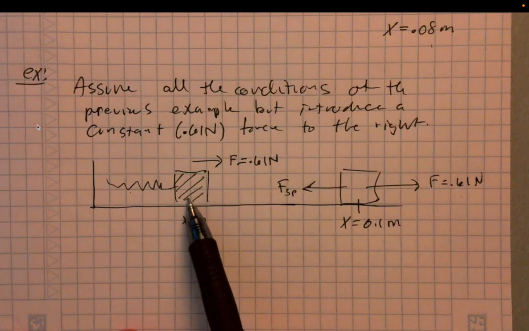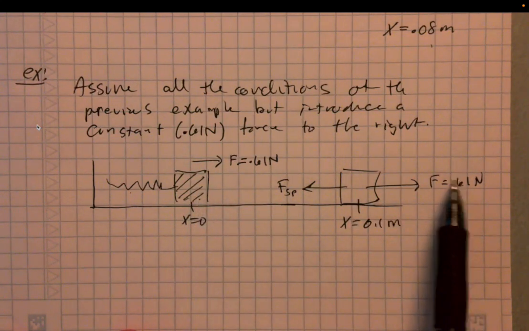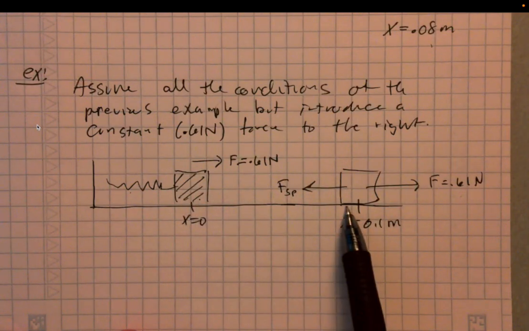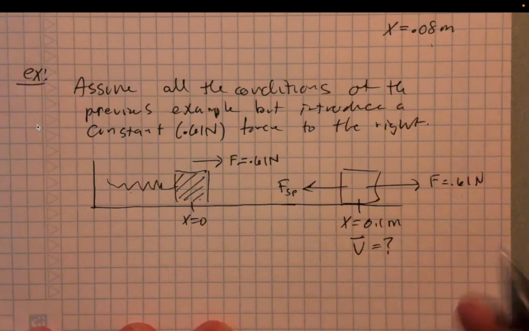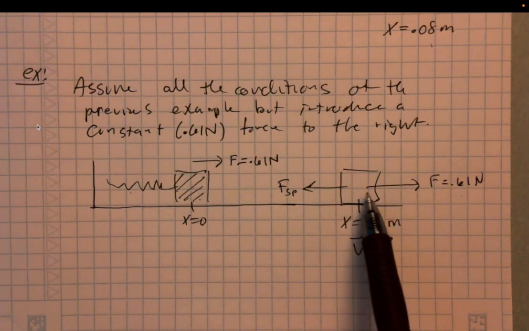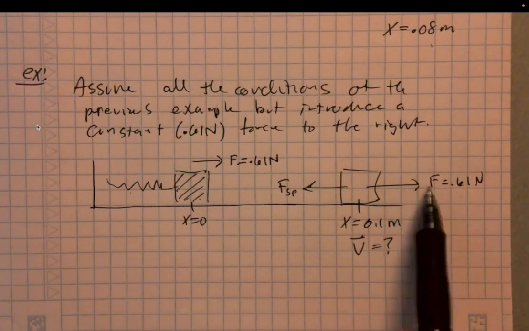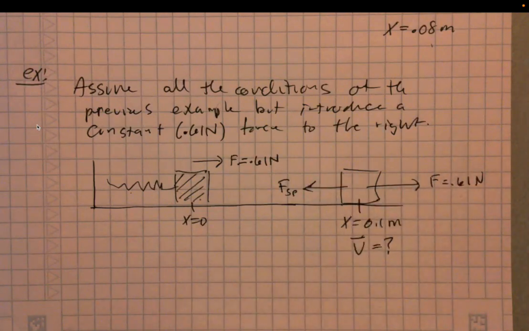At some point the spring force will probably overtake this force, but given these 2 forces, how fast is this thing going here? Maybe the spring force has already overtaken it and is pulling it back this way, or maybe this F equals 0.61 newtons continues to push the block to the right.